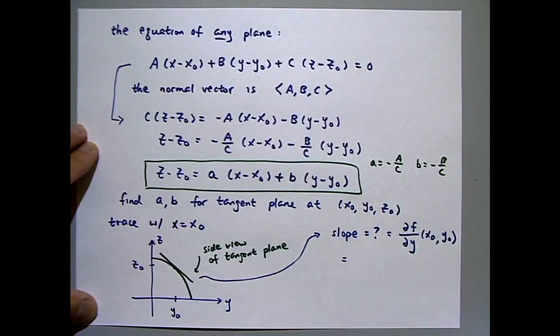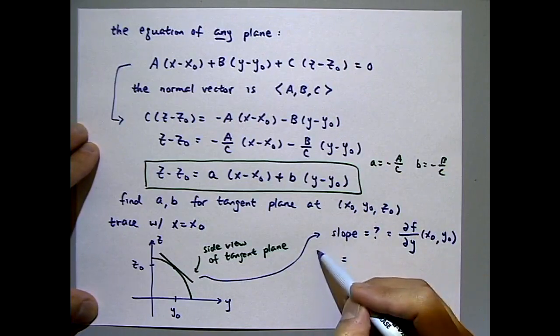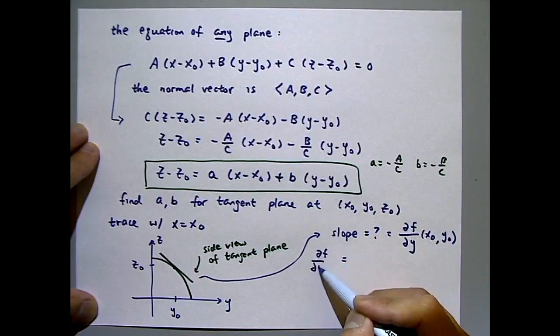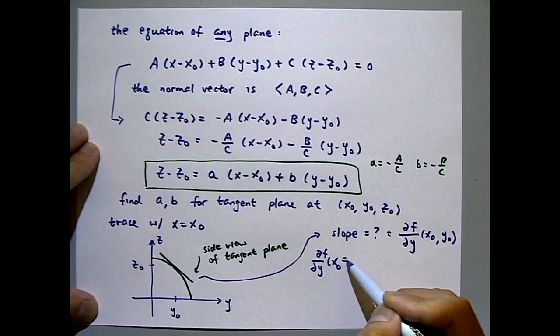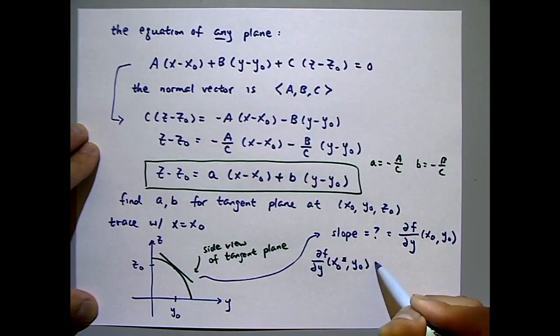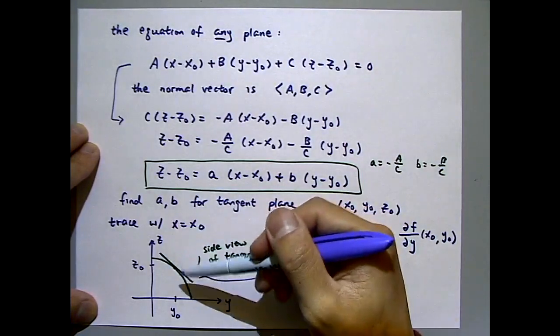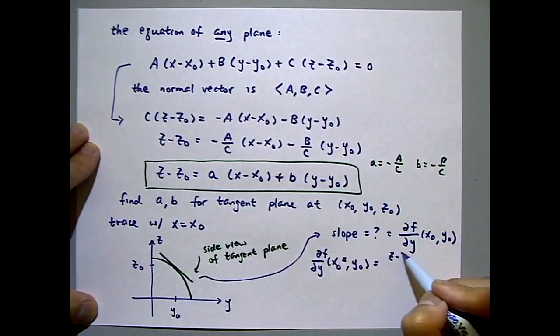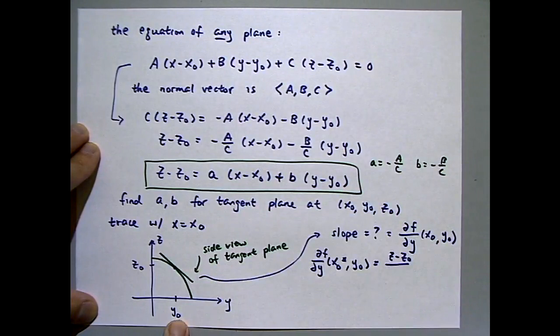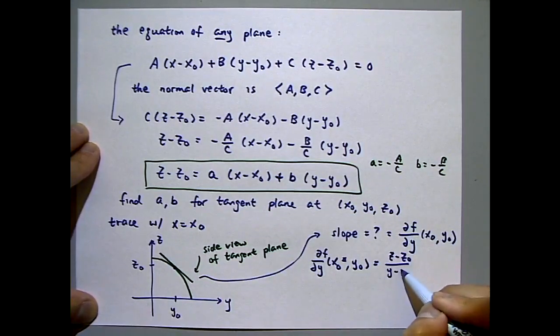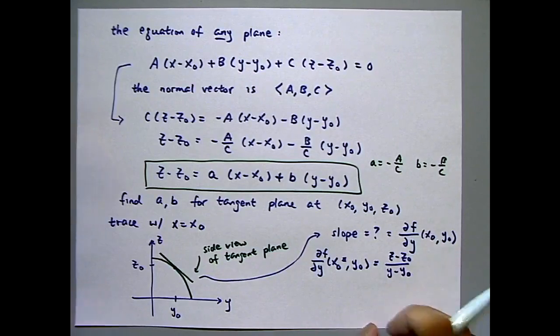Let me write this down here. It's a slope. Slope is the change in the height over the change in the horizontal distance, y minus y0. Right? That's a slope. Rise over run. That's just our slope.